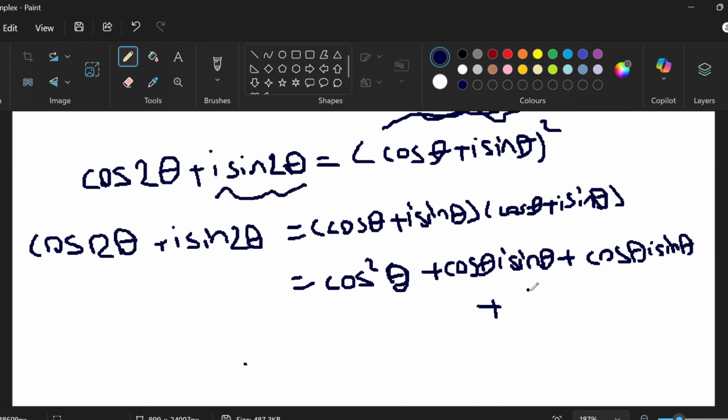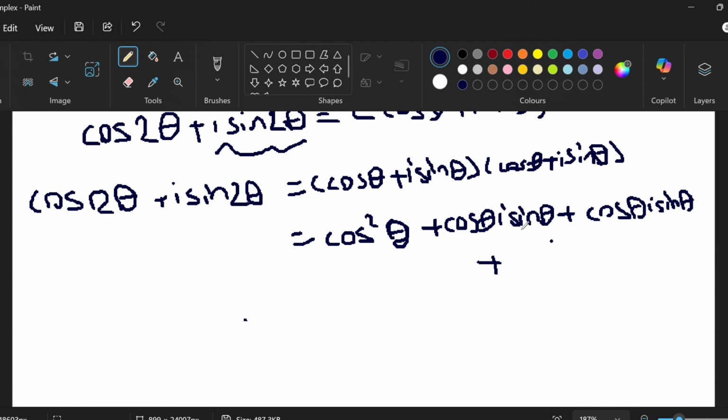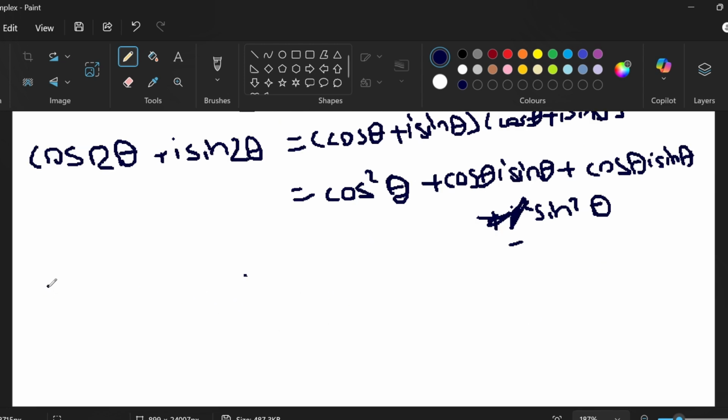Plus, and I guess I'll have to use a new line here, but it's all the same expression, i squared sine squared theta. And you guessed it, this i squared is minus 1. So this is actually just minus sine squared theta. Now I'll try and clean everything up.